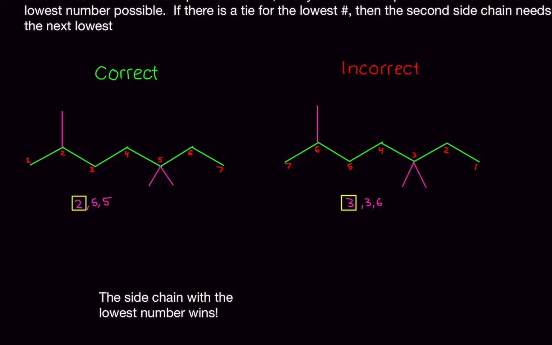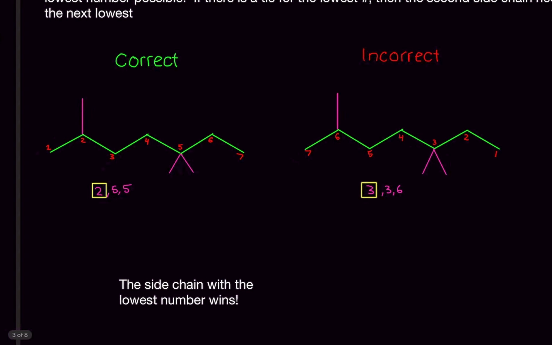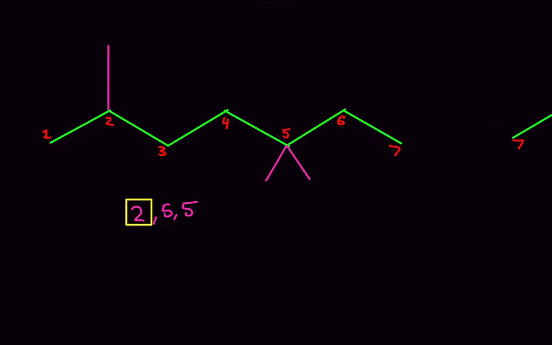Instead of increasing from left to right, I am decreasing from left to right. All you have to do is realize what number is the lowest, so you can ignore all the other numbers. Here, the methyl group is on carbon number 2. That's the lowest number we can achieve with this configuration. Don't worry about the 5 here. It doesn't matter.